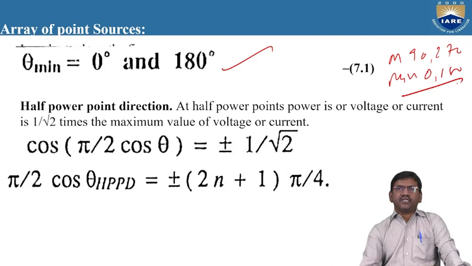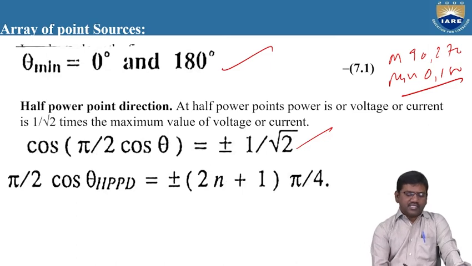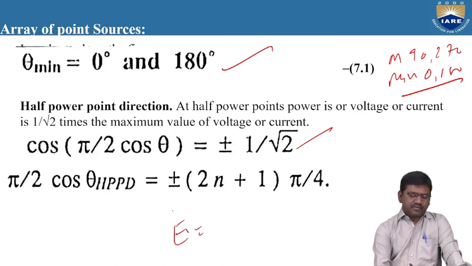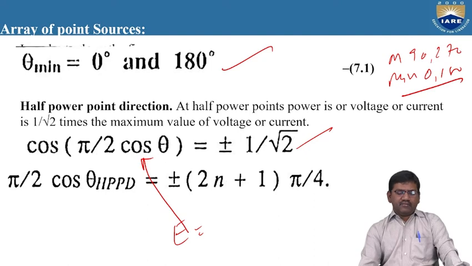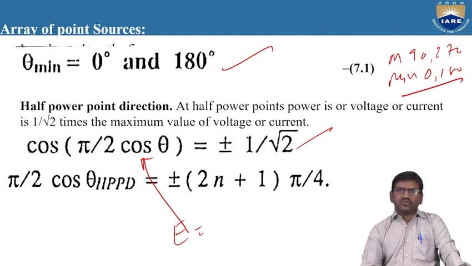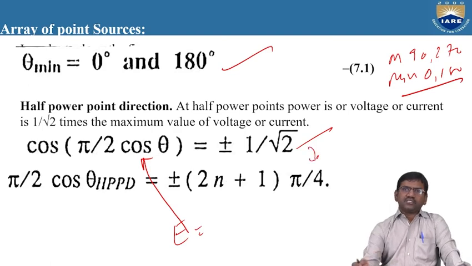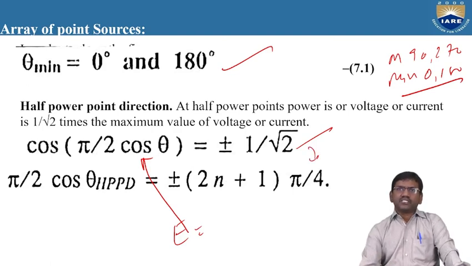So we know the direction of the maximum radiation pattern and the minimum radiation pattern. Now let us find out the half power point direction. Similarly, as we have simplified in the above case, let us take E equal to cos of pi by 2 cos theta. At the half power points, the maximum value of voltage will be plus or minus 1 by root 2.